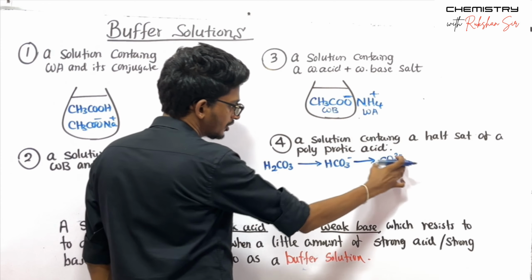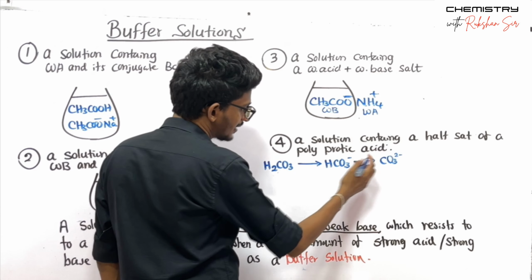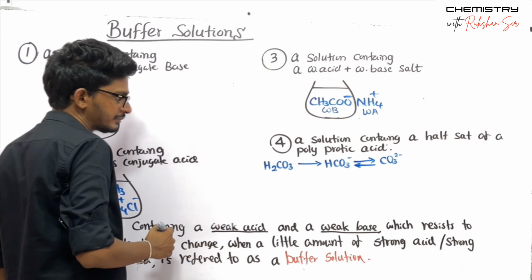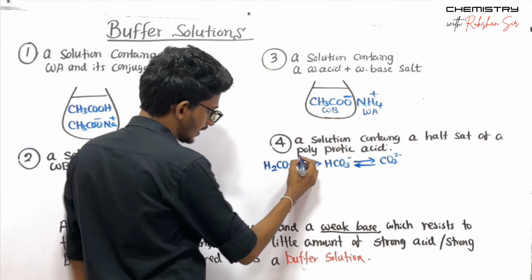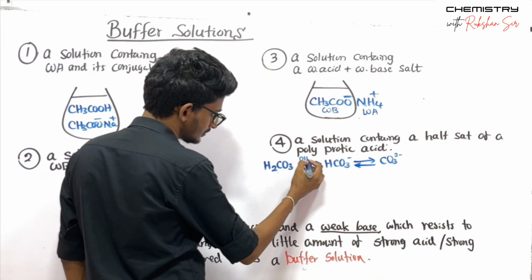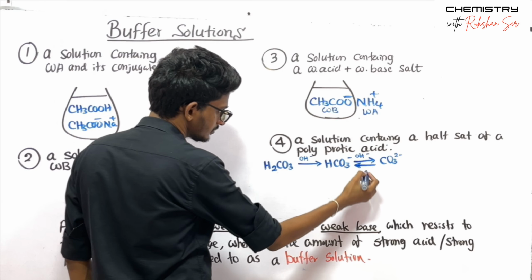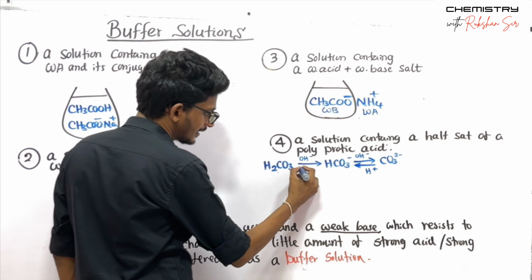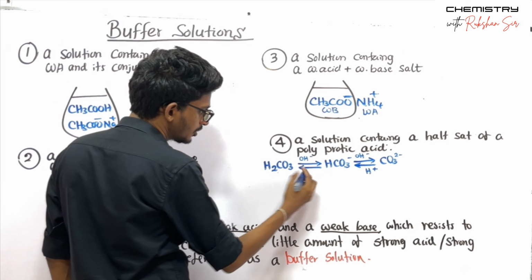If you consider CO3 2 minus, it can accept an H plus and convert to HCO3 minus, and this can accept H plus to convert to H2CO3.